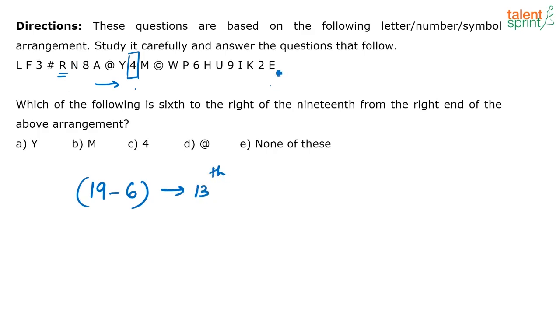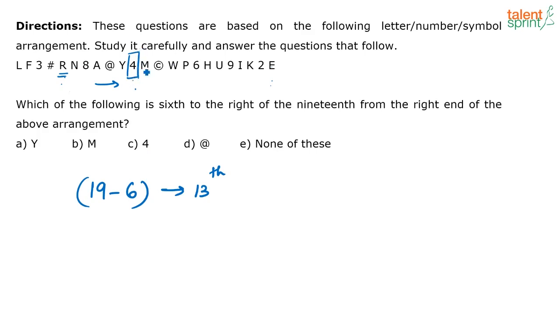So what is the 13th element from the right end? 1, 2, 3, 4, 5, 6, 7, 8, 9, 10, 11, 12, 13. It is 4. What I am trying to say is, one way to do it is first find the 19th element, then move 6 steps right and you get the answer. The other way to do it is, first find the 19th element, then subtract 6 from it.